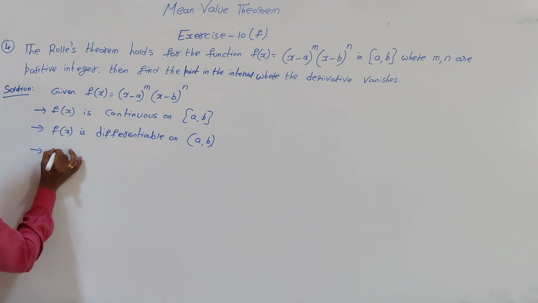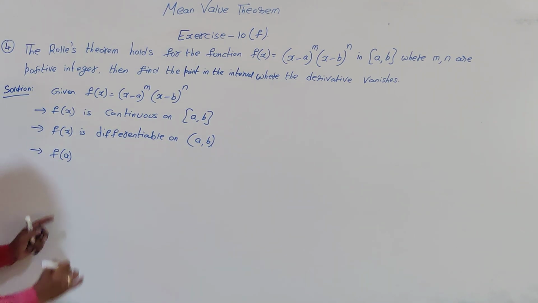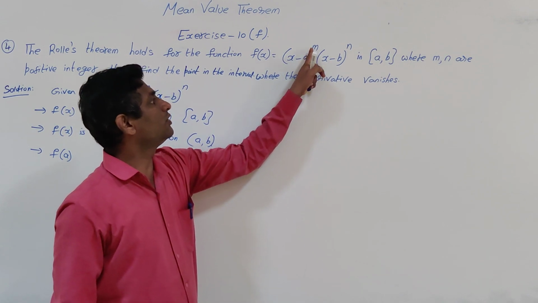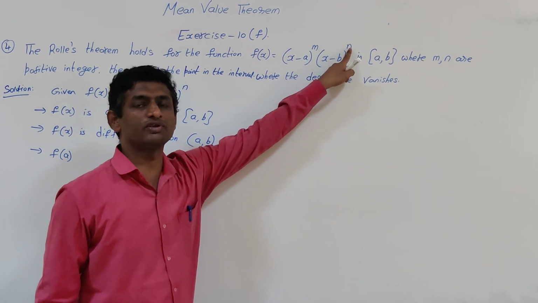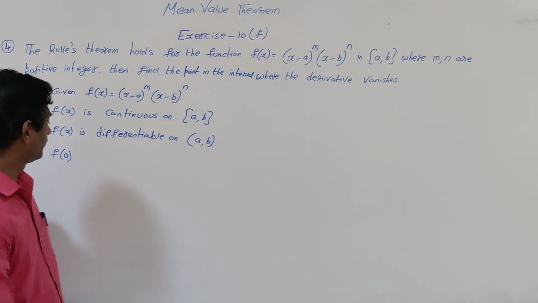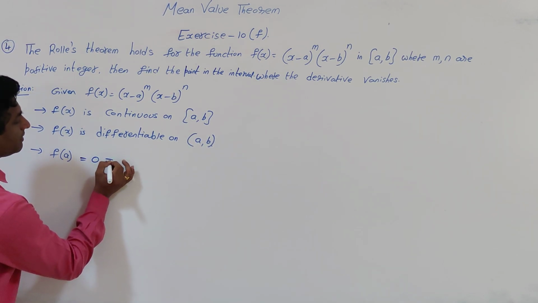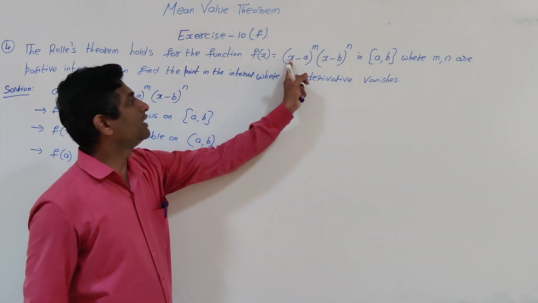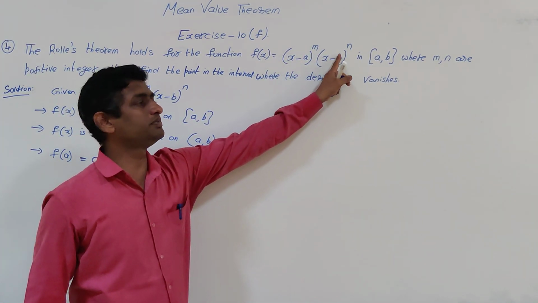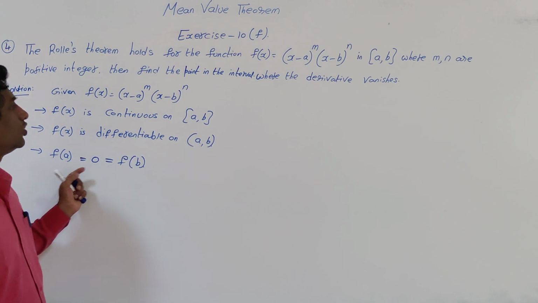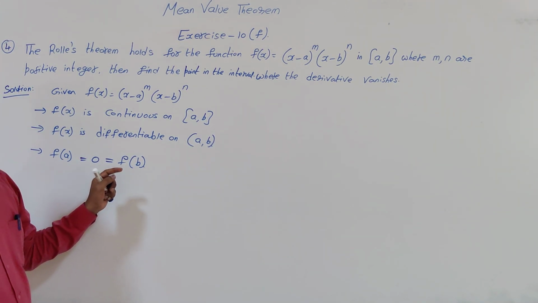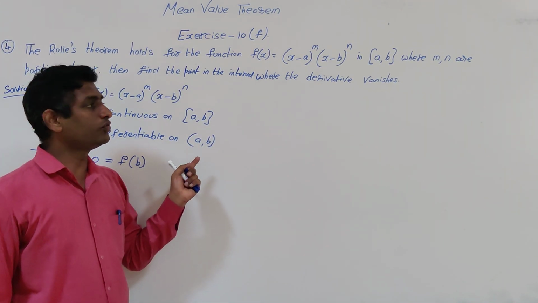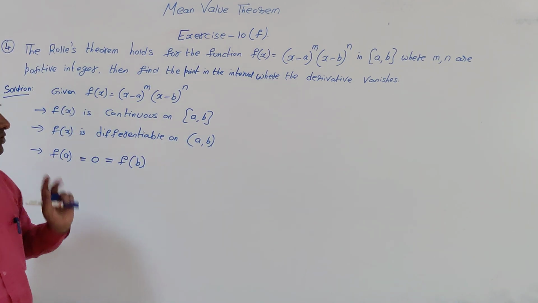And third, f of a is a minus a whole to the power of m into a minus b whole to the power of n, and a minus a gives 0. And what will be f of b? F of b will also be 0, as b minus b whole to the power of n is 0. So both the outputs at the endpoints a and b are equal.